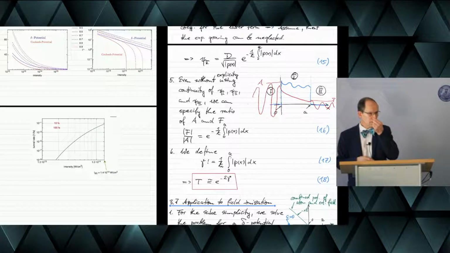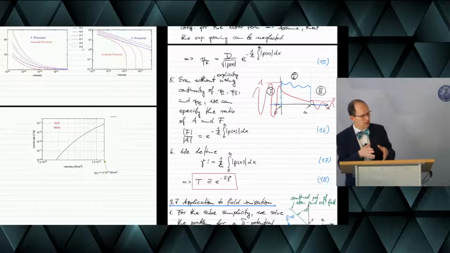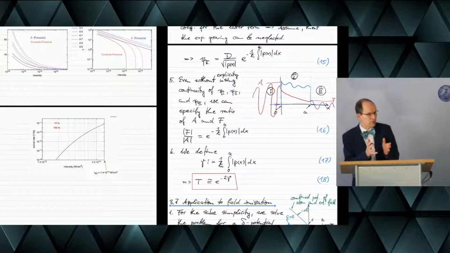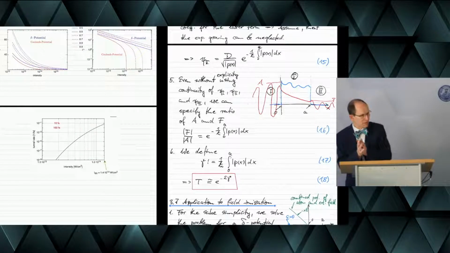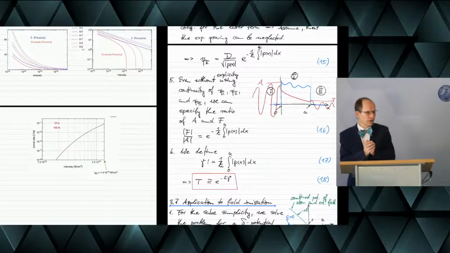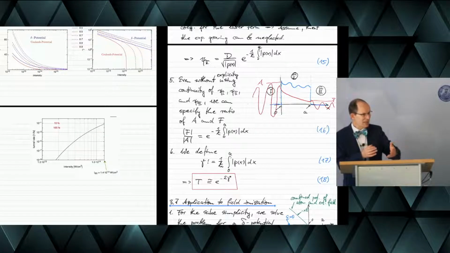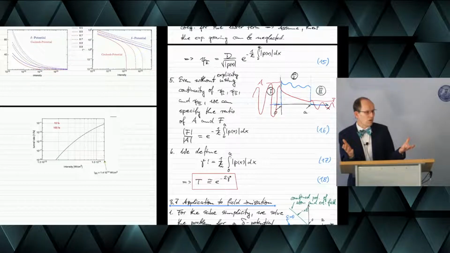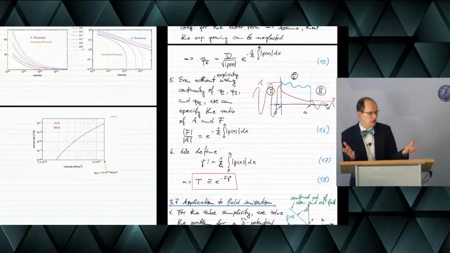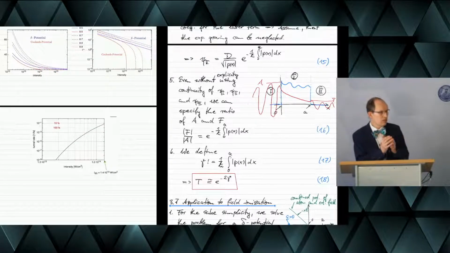If it is 10 to the minus 4 per femtosecond, then for a 10 femtosecond pulse, it would be 1 over 1,000. If you have a nanosecond pulse of the same intensity, then the ionization would be almost sure, so the probability for ionization would be close to 1.